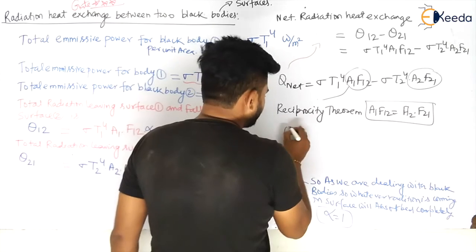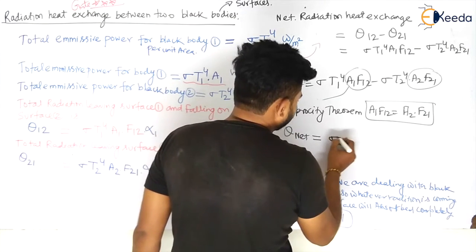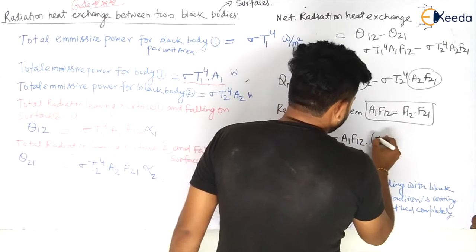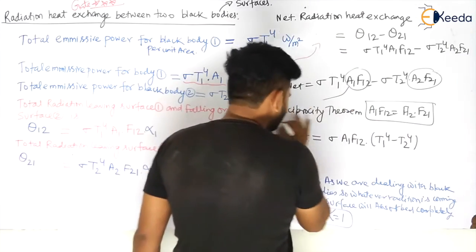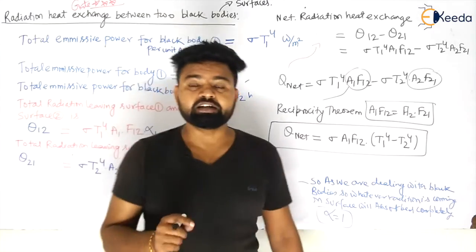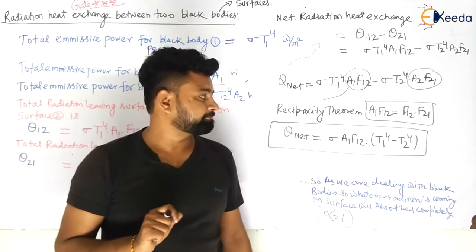So can I write this? Q net for black bodies will be given by sigma A1 F12 multiplied by T1 to the power 4 minus T2 to the power 4, and this will be the net radiation heat exchange between the two surfaces, my dear students.